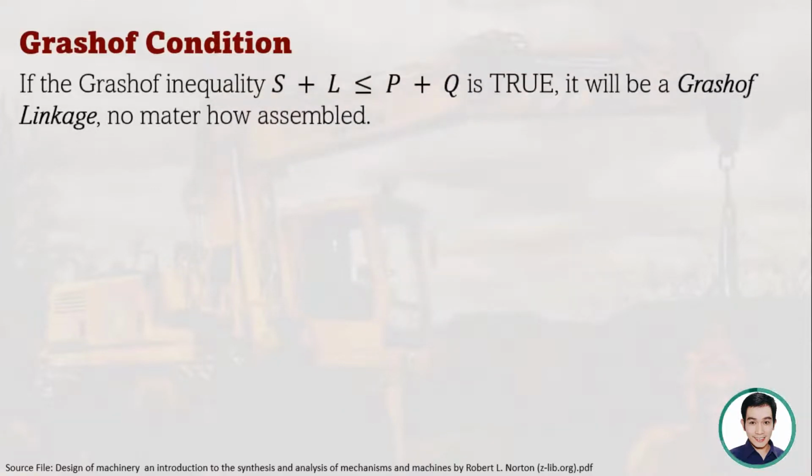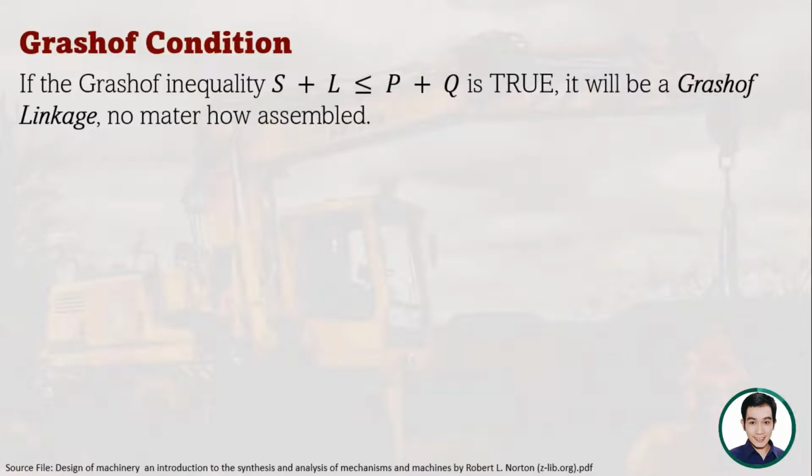So the condition is that if the Grashof inequality, which is S, the shortest link, plus L, the longest link, is less than or equal to the sum of the other 2 links, P plus Q, and it is true, then it is considered a Grashof linkage, no matter how they are assembled, because just as we mentioned earlier, the Grashof condition is independent of the order of the connection, as well as of whichever link is being grounded.